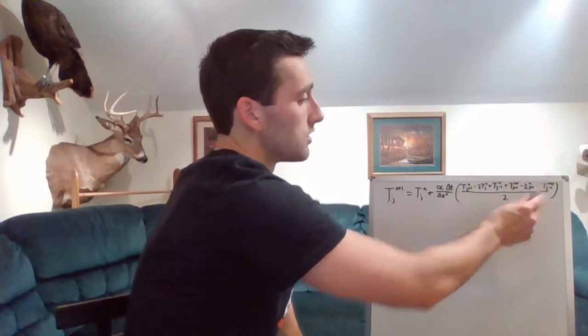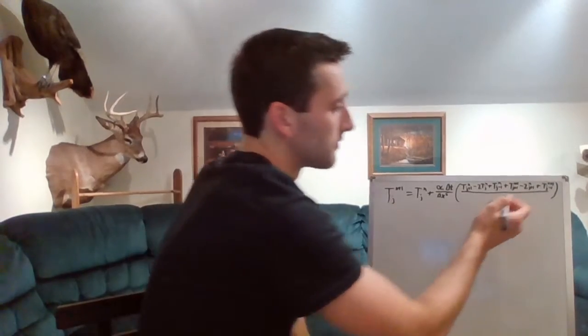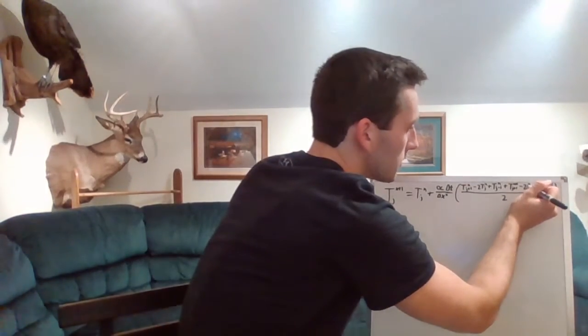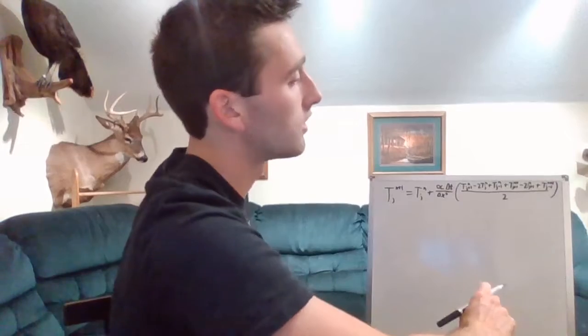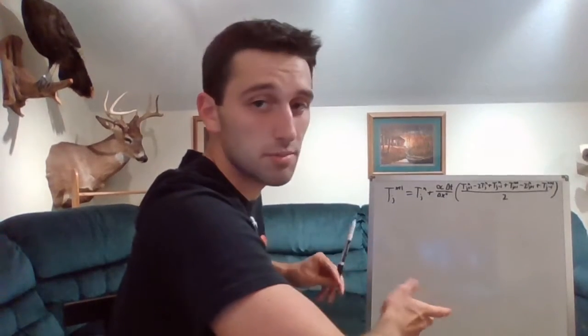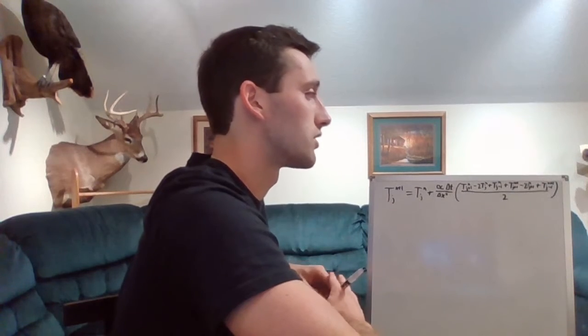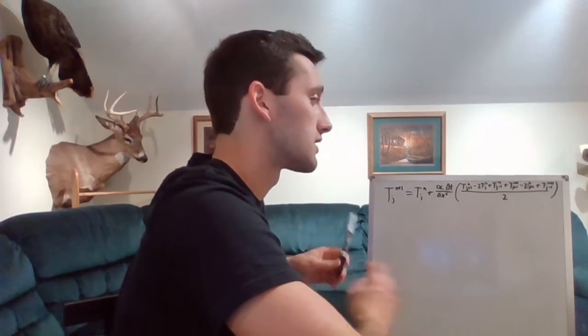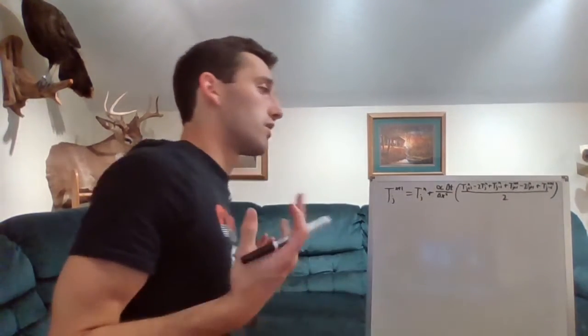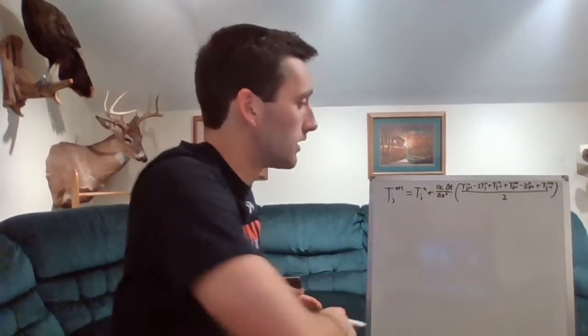There should be a capital T right there. And that is the temperature at the next position at the current time, plus the temperature at the previous position at the next time. And it's over 2 to sort of take the average.